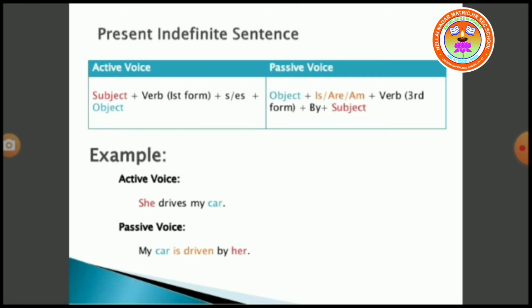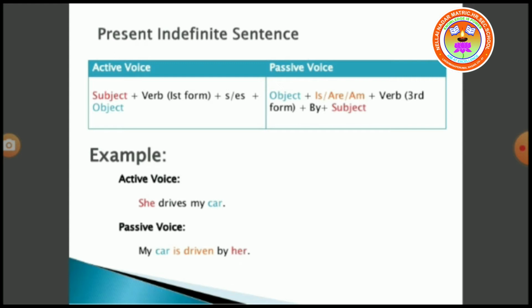Then the passive voice structure is object plus is or am plus verb, that is third form of verb. In passive voice, we should use the third form of verb, that is past participle, plus by plus subject.